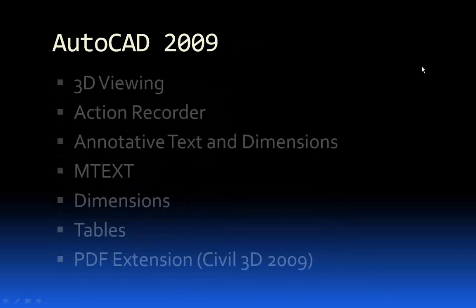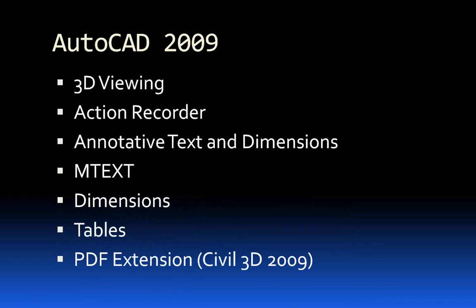For today's session, I'd like to start off with the 3D viewing enhancements. There's a couple of new tools for controlling the display of our 3D views. We will look at a utility called the Action Recorder, which lets us record keyboard commands without having to know any AutoLISP or scripting.